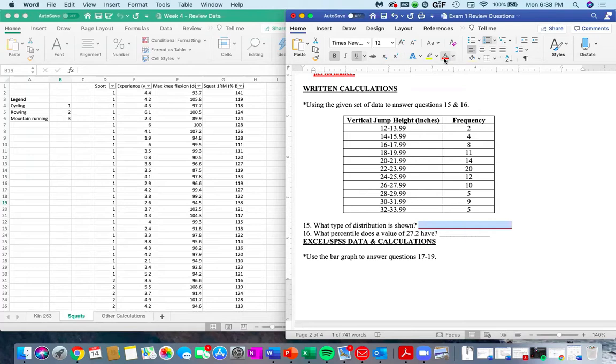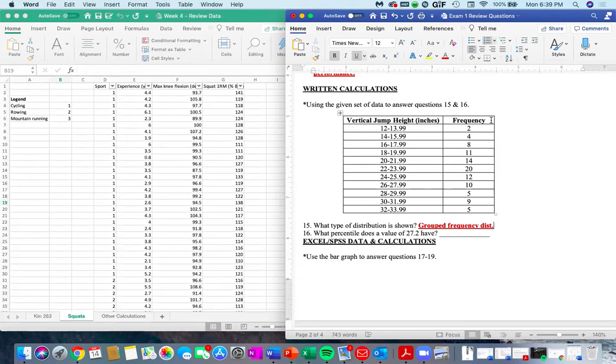Grouped frequency. Yeah, group frequency distribution, okay? And then if we're using a group frequency distribution, what percentile does a value of 27.2 inches have? The question you should really ask yourself is, what information do I need to figure this out?